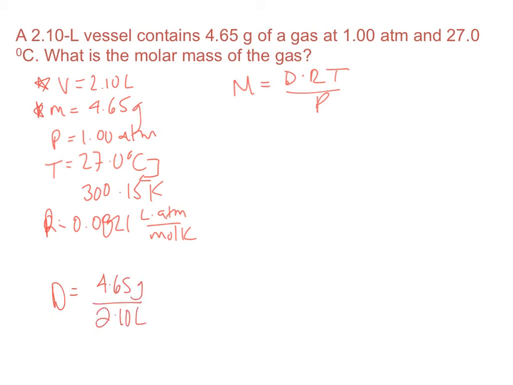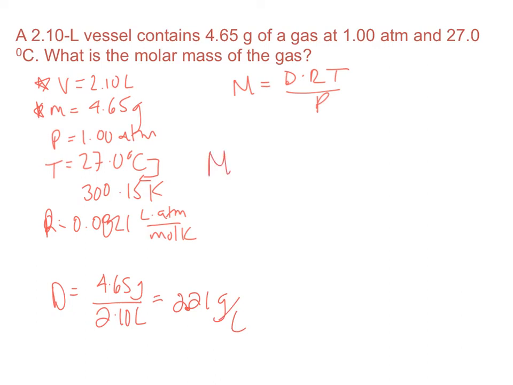Notice, guys, they've already given us the volume in liters, so we can just plug that in directly. But remember, for this equation you need to have your density in grams per liter, so make sure your units for volume are in liters. So this will give us 2.21 grams per liter.